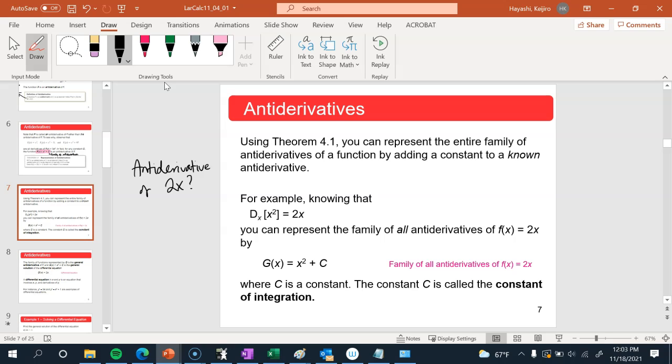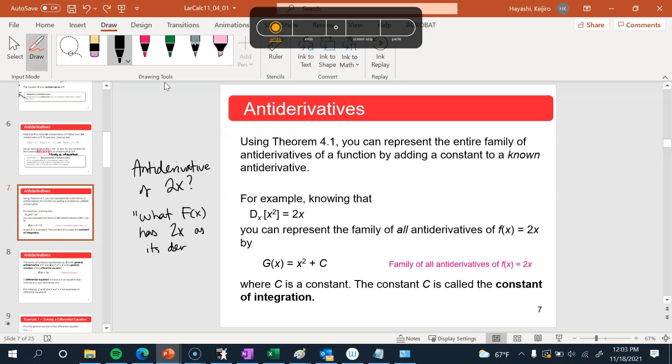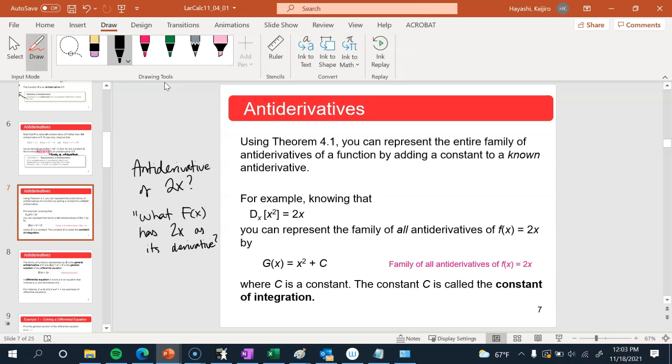That's asking, what function, big F of x, has 2x as its derivative? Well, the answer to that question, right, is x squared.